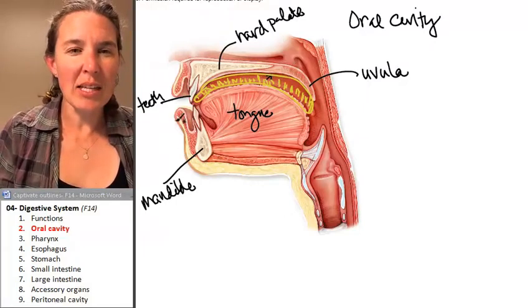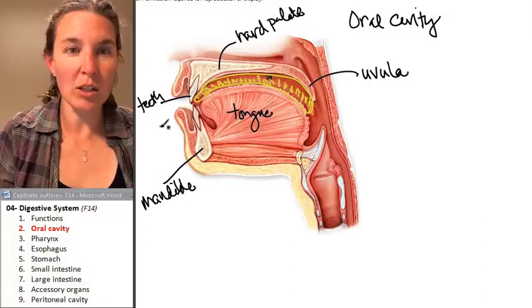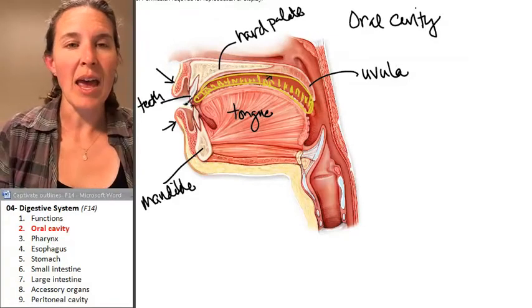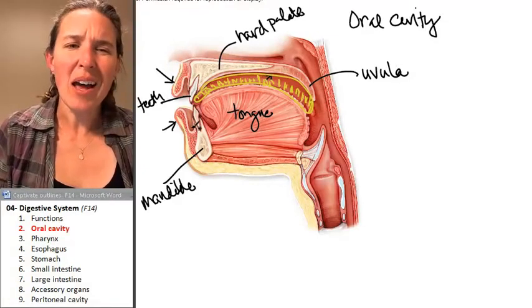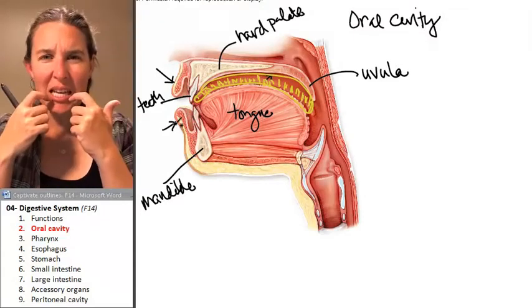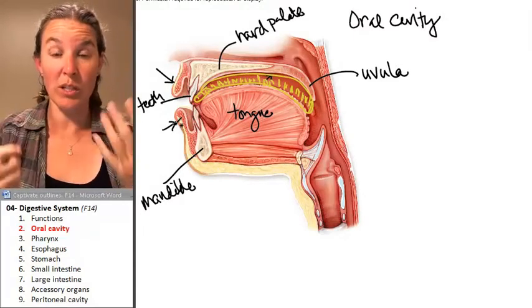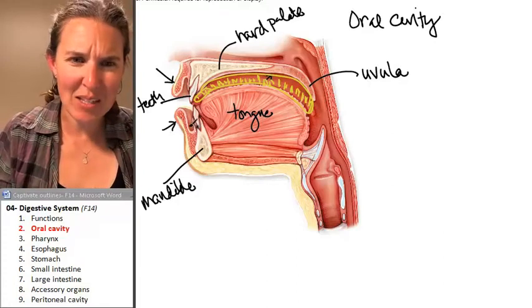This is a lip, a lower lip and an upper lip. Again, you orient yourself to this section, and we've got our teeth in there. There's a space between your lower lip and your mandible, which is holding your teeth, and that space right here is called the vestibule.